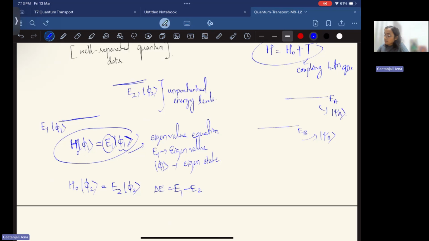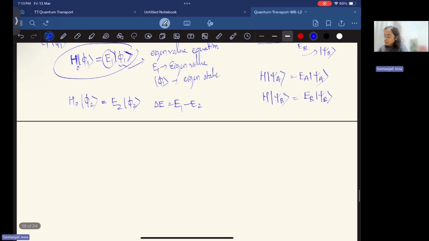So that means if you now apply this new Hamiltonian on psi a, this will give EA psi a, and when this applies to psi b, it will give EB psi b.